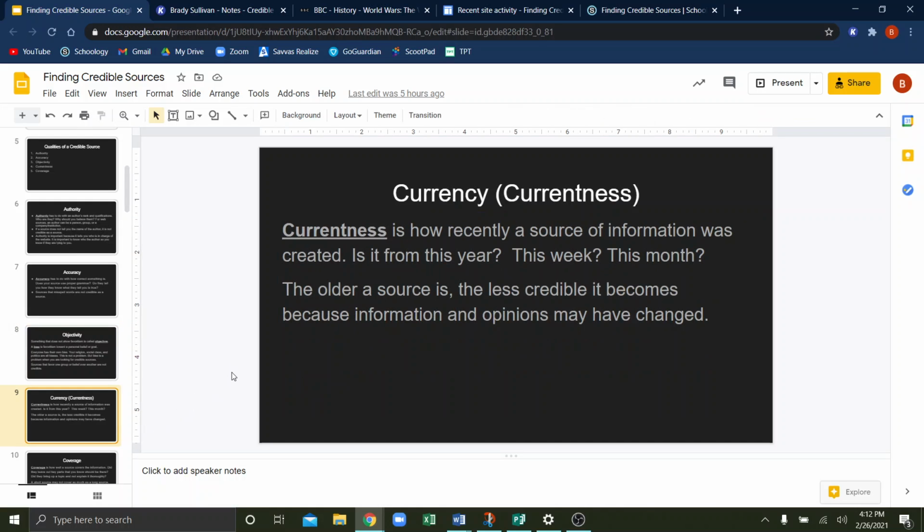Next is currency or currentness. Currency and currentness are how recently a source of information was created. Is it from this year, this week, this month? The older a source is, the less credible it becomes because the information and opinions may have changed since it was created.